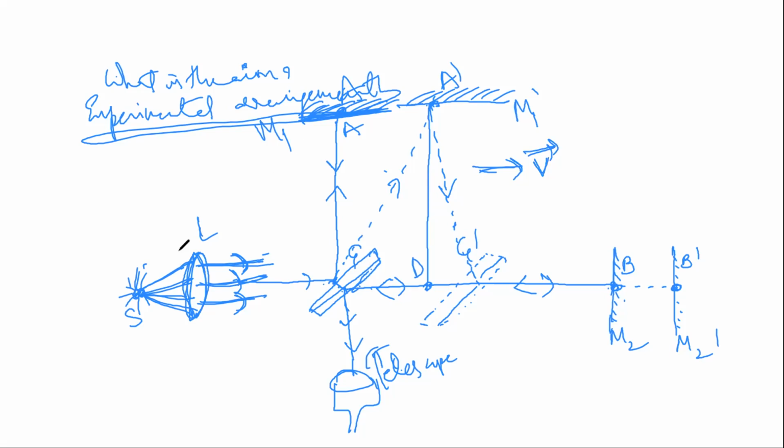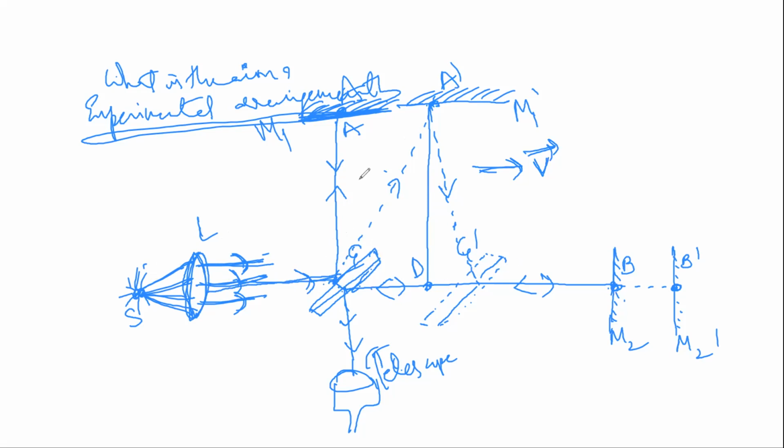Light coming from a monochromatic source S is collimated, or rendered parallel, by using a convex lens L. Now this parallel beam of light coming out of this lens is made to fall on a semi-silvered glass plate G. Part of that incident light gets reflected here, and part gets transmitted.